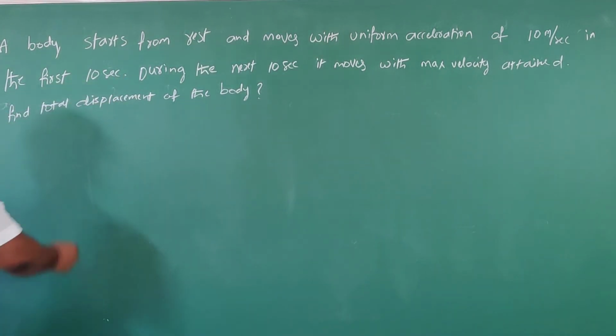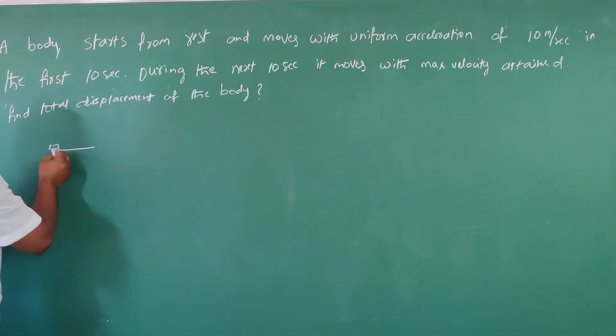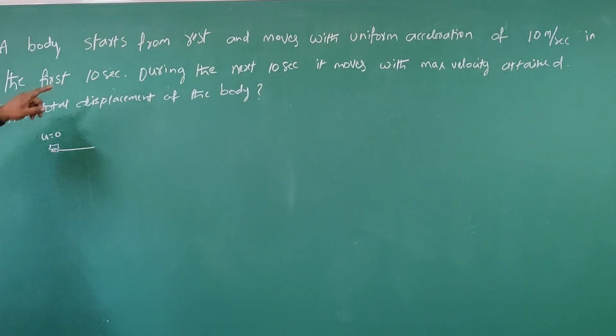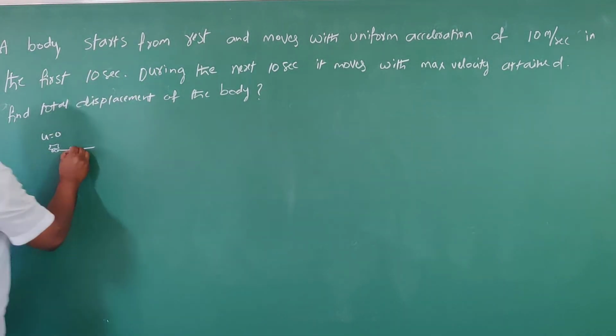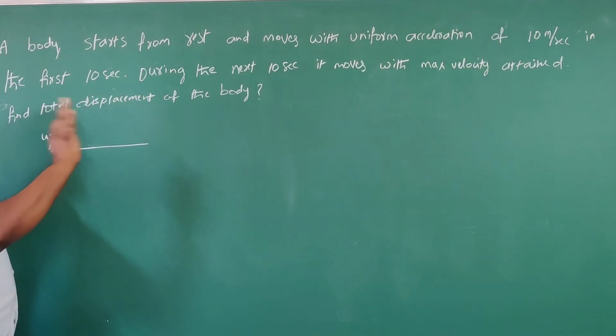That means, observe here, a body starts moving from rest. Starts moving from rest means its initial velocity is equal to 0. It moves with uniform acceleration, meaning constant acceleration.